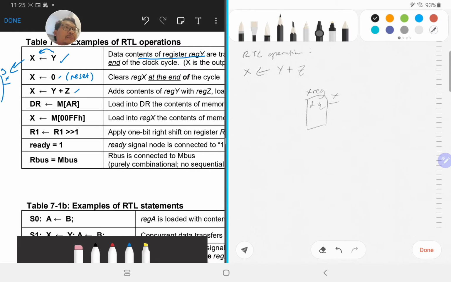The X reg is going to output X, and the input is going to be the plus. My Y reg is going to output Y, and my Z reg is going to output Z, into the plus and output, D, Q, clock. So this RTL means that we're going to transfer the register content of Y plus the register content of Z and put it inside the X register.